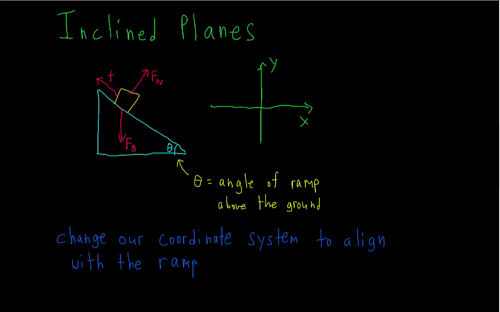But for inclined planes, it's most convenient to use a different coordinate system. So we're going to use a coordinate system where the x-axis is parallel to the ramp. So the x-axis is the ramp now, and the y-axis is still perpendicular to the x-axis. You can see that in the new coordinate system, friction is acting along the x-axis and the normal force is acting along the y-axis.